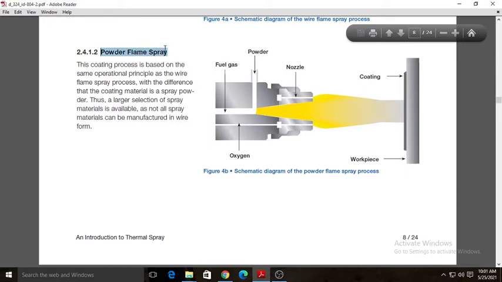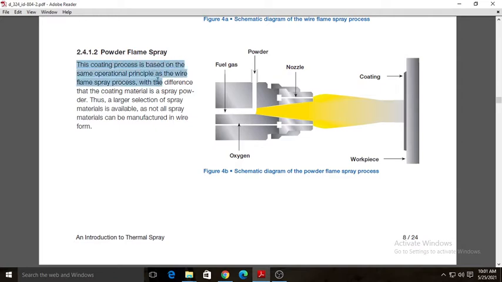Then the next type is a powder flame spray. This process is an advance over these conventional coating processes. This coating process is based on the same operational principle as the wire flame spray process, but the only difference is that the coating material is spray powder instead of the wire.